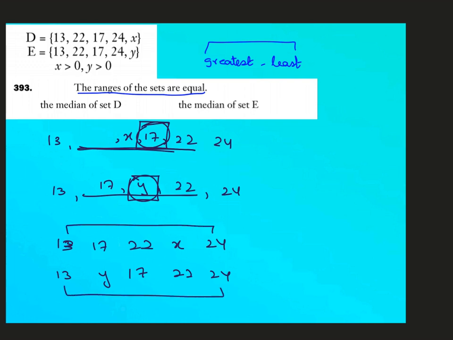But the position of x and y also varies. If they're at the same position, only then the median is going to be the same. If they're at different positions, the medians are going to be different. So the thing is, I cannot conclude from here. Because when I change the position of x and y, the decision varies. So we don't know much, hence the answer is D.